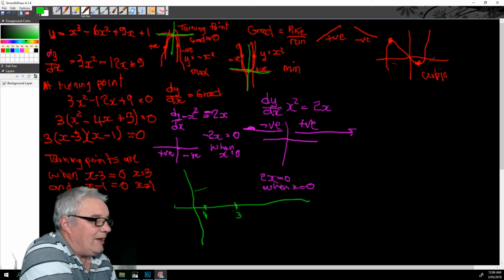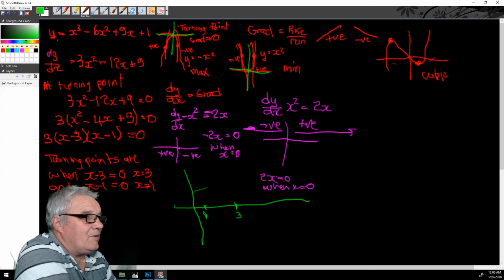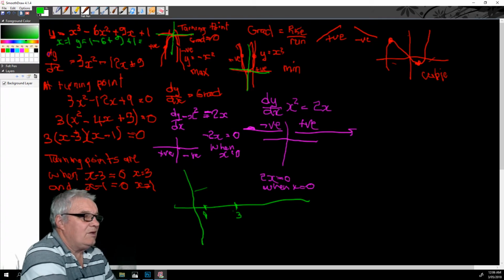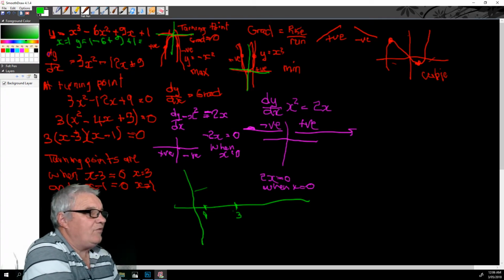So if we go back to our original graph, when x equals 1, y will equal 1 minus 6 plus 9 plus 1, and that'll equal 1 minus 6 is negative 5, plus 9 is 4, plus 1 is 5.